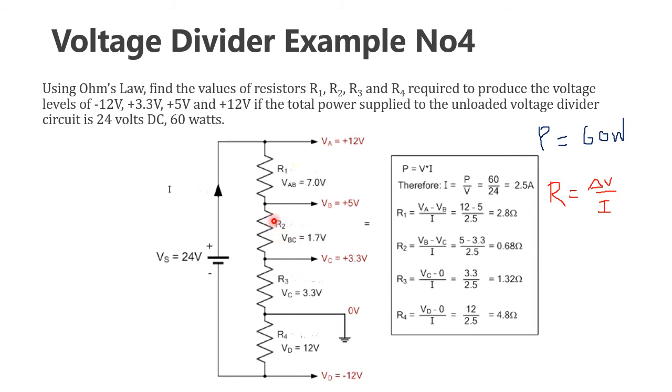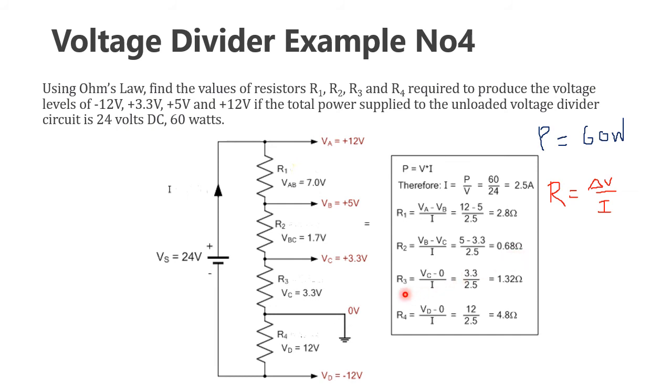Here R2 is connected in between these two tapping point B and tapping point C. Here tapping point B is 5 voltage with respect to ground volt, and the tapping point C with respect to this ground volt is 3.3 volts. So the voltage difference is 5 minus 3.3 over the loop current 2.5 ampere. So that will be equal to 0.68 ohm.